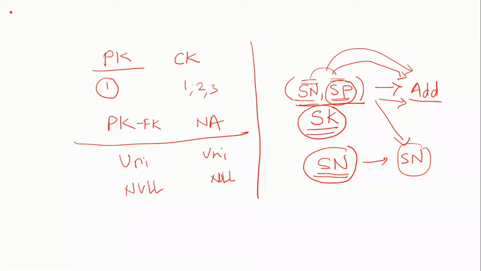Understood? A composite key is a combination of two or more columns within a table, and it is used to identify unique records or unique information. Clear?